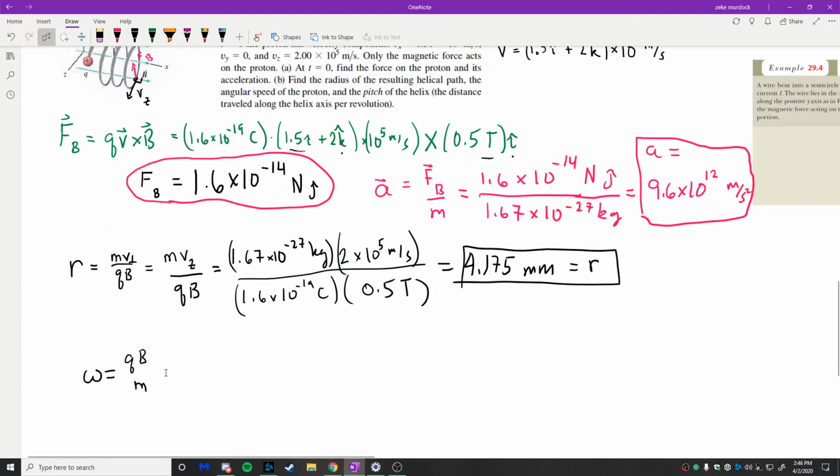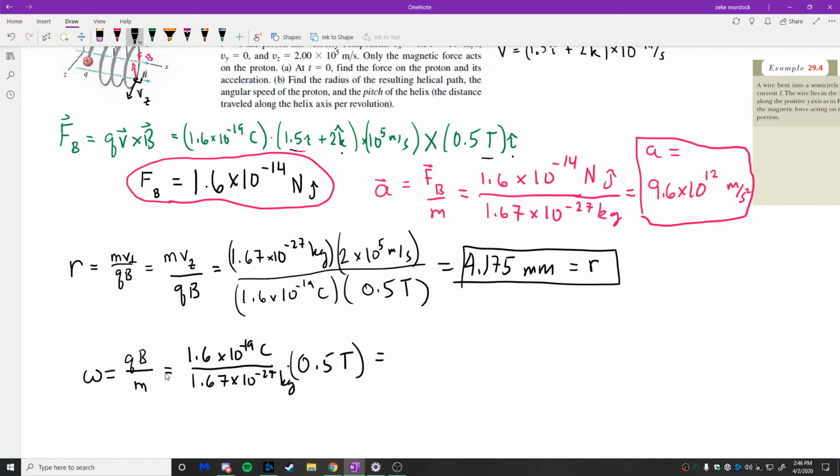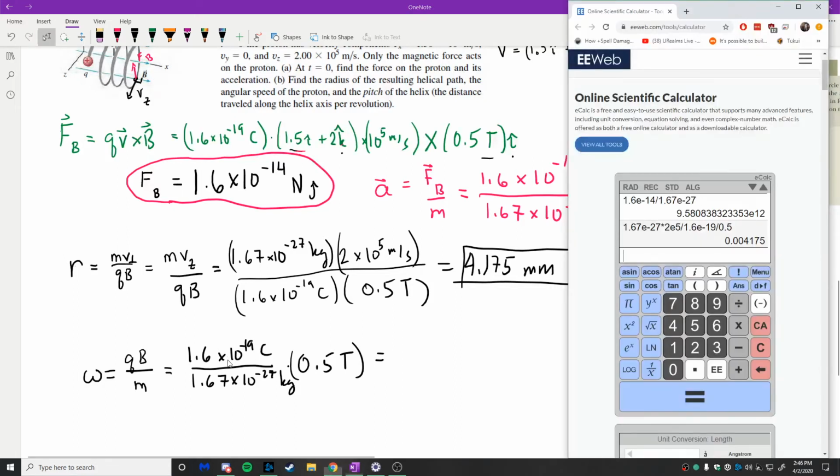So that one is, well, it's basically the inverse of what we just got. Well, we'll just go calculate it again.